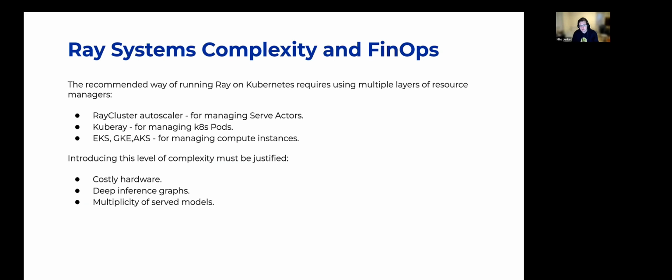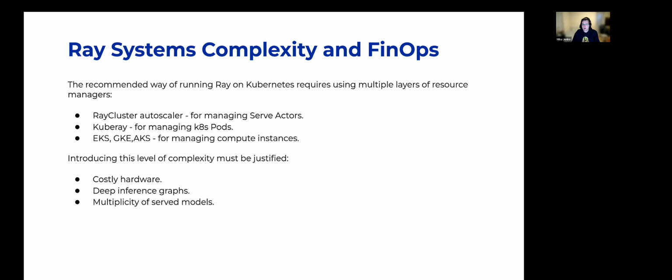However, we have to realize that Ray on Kubernetes, what we were using, actually requires multiple layers of resource managers. The first one is the Ray cluster autoscaler. Of course, there's also the Serve autoscaler, which is a different kind of mechanism, but the Ray cluster autoscaler works on the Ray cluster level, and it just manages Serve replicas.